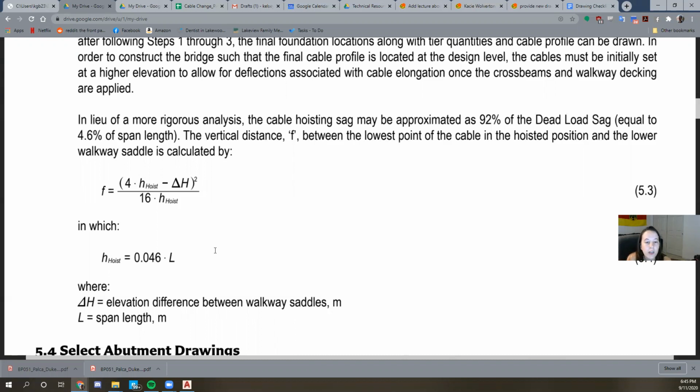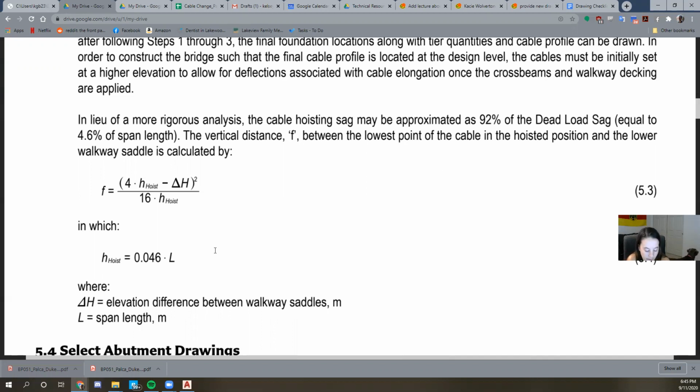The hoisting value isn't really part of the calculations, but it's really important for construction. The dead load is really important for our freeboard requirement, and the live load gives us our maximum load that we check the actual bridge abutments, anchors, and cable capacity for. So we'll go through that really quickly.